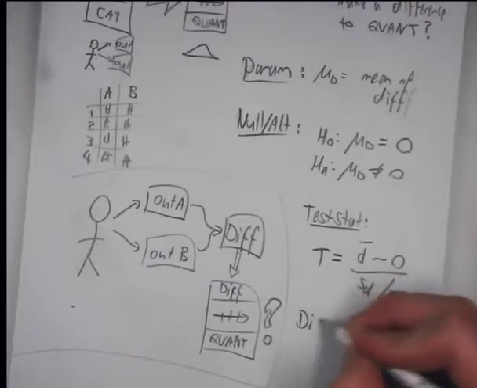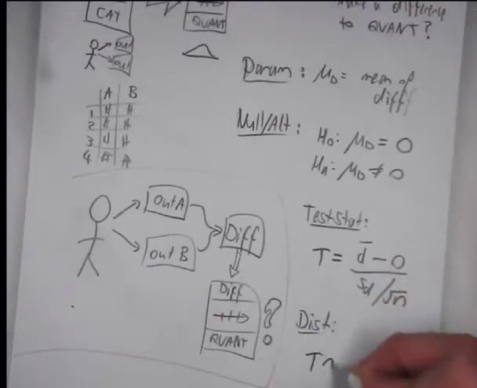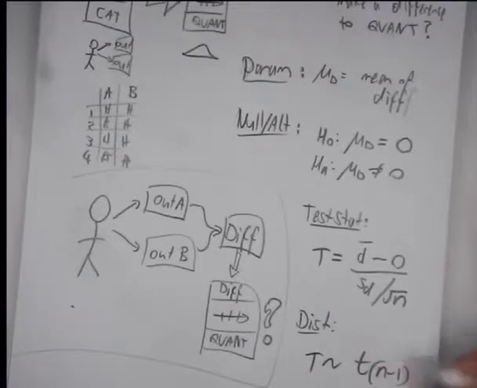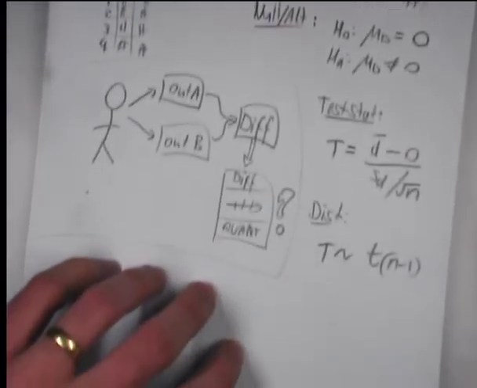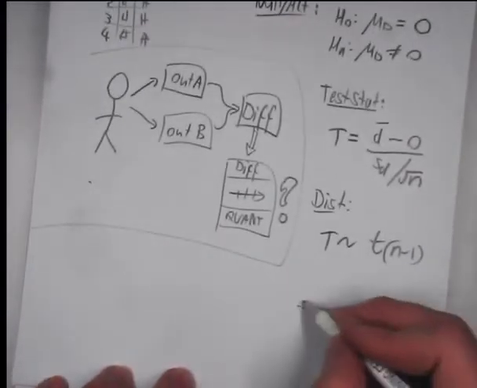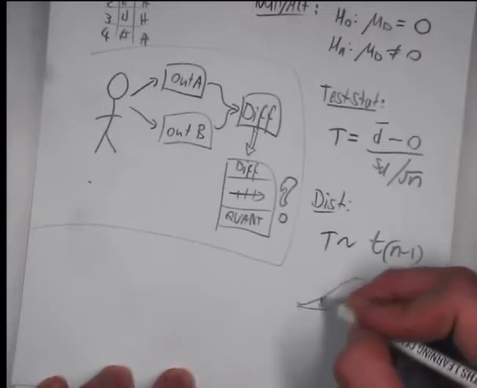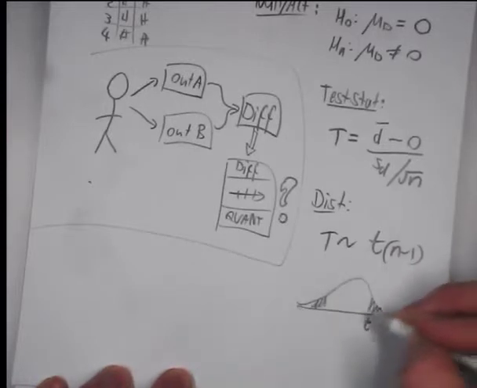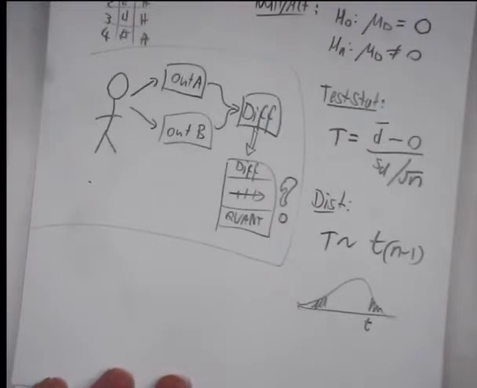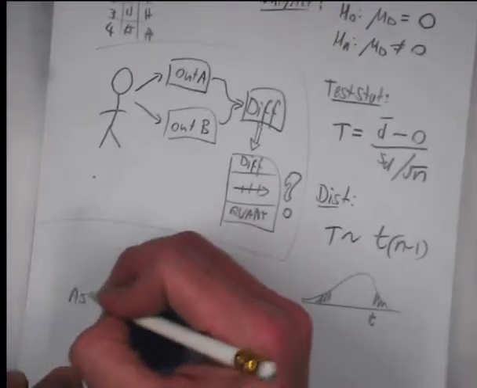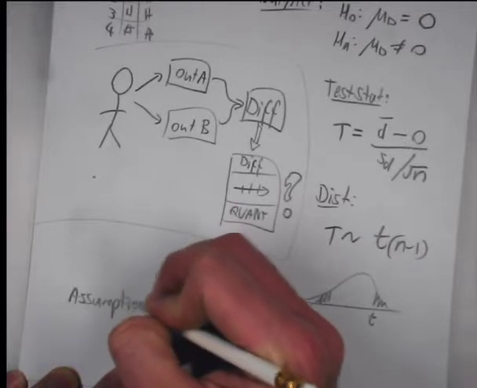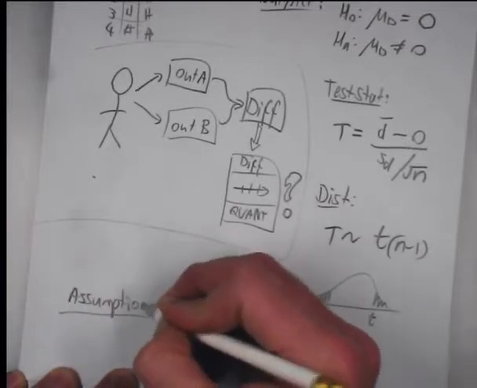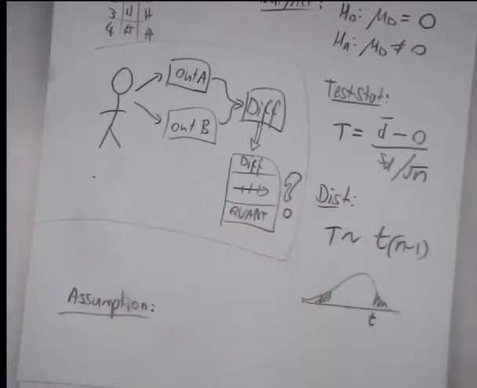And the distribution is the same as it would be for a 1-sample t-test, and the picture that goes with it is the same. And then your assumptions for the paired t-test are fairly special.